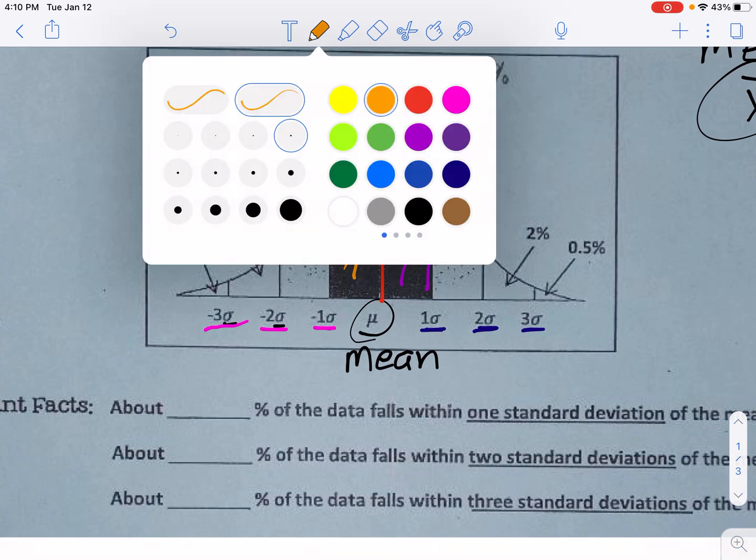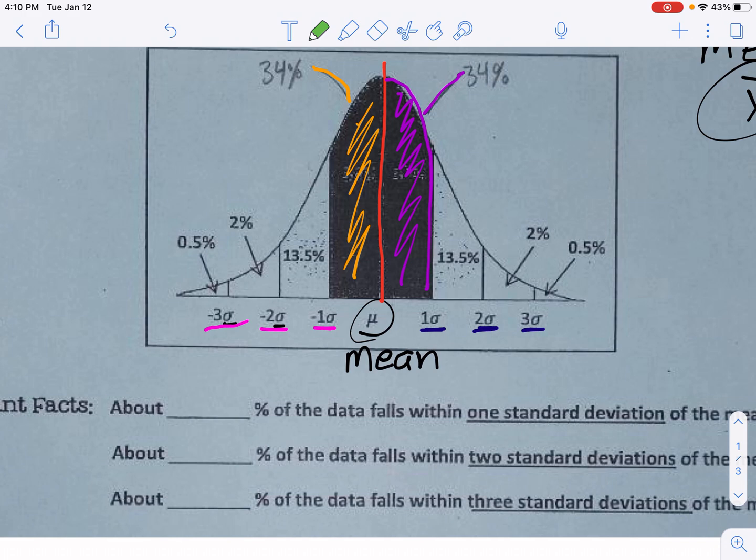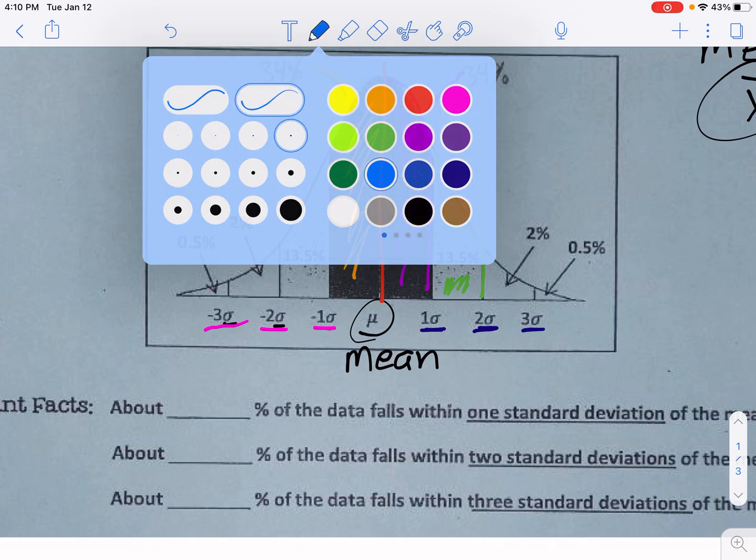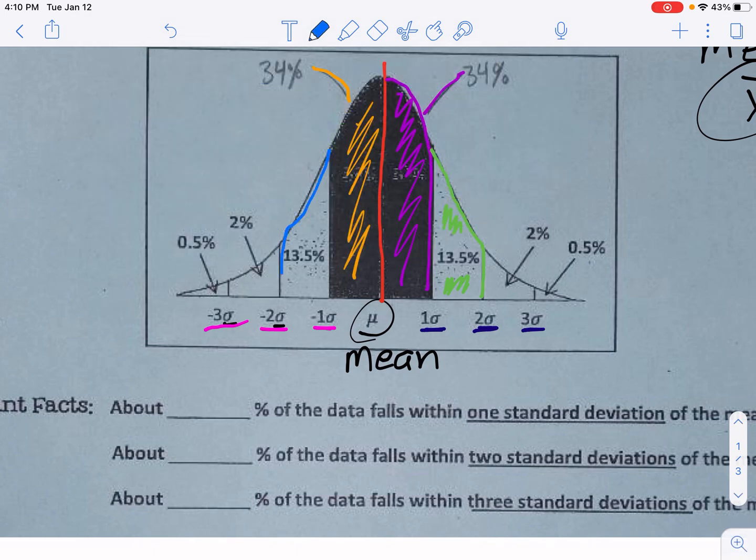Then, if we go 1 more standard deviation in the positive direction, this would be 2 standard deviations away from the mean. This part right here represents 13.5%, and going 2 standard deviations in the negative direction, this would also be 13.5% of the data.